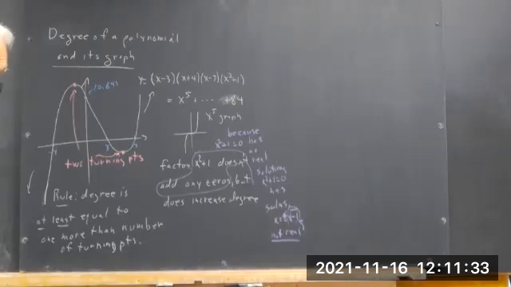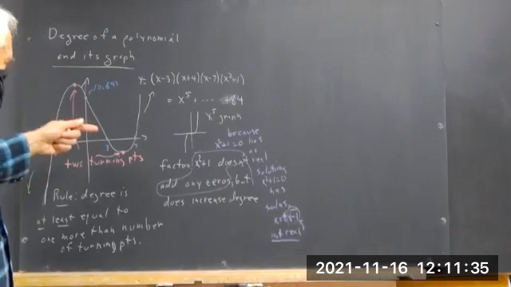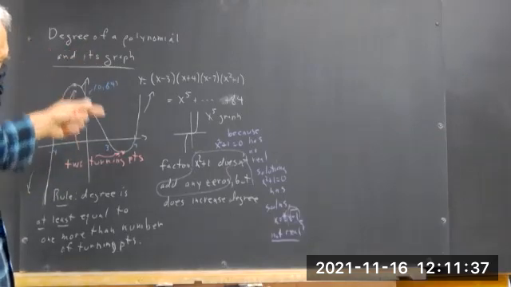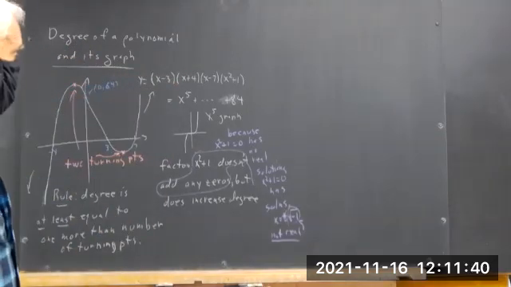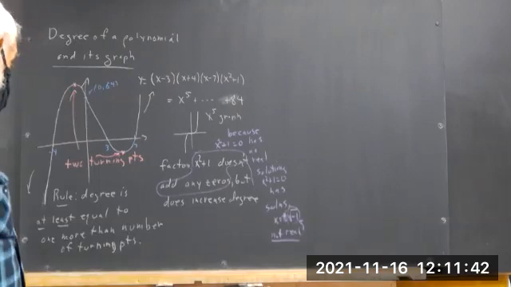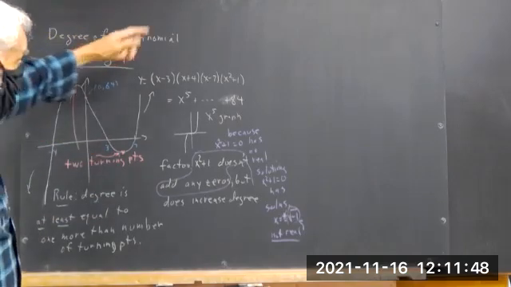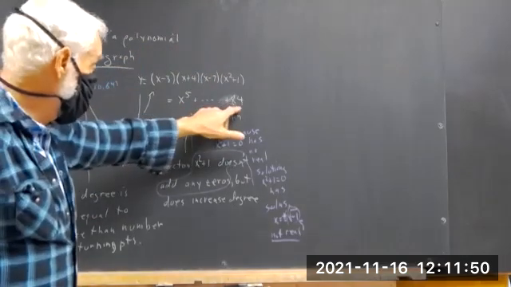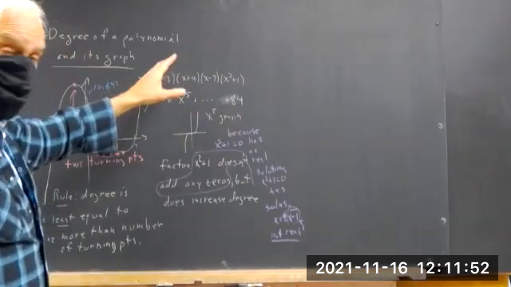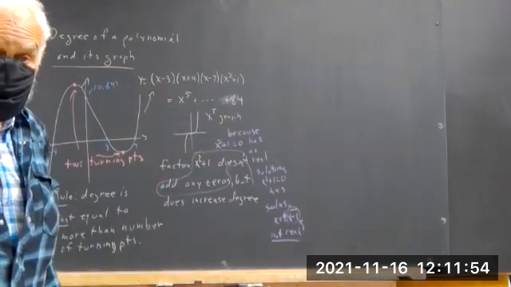Now, I can add a number to the end of this thing and it's still going to be a polynomial, which means I can lift this graph up. It's still a polynomial, it'll still be degree 3. I've just got to add some number at the end here. That's not going to change the degree of the polynomial.